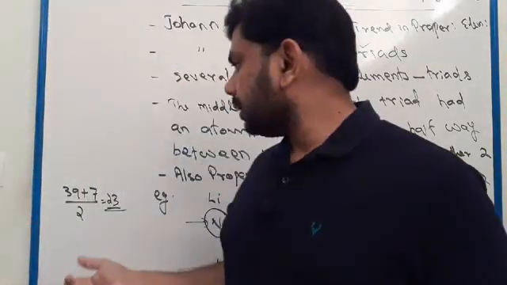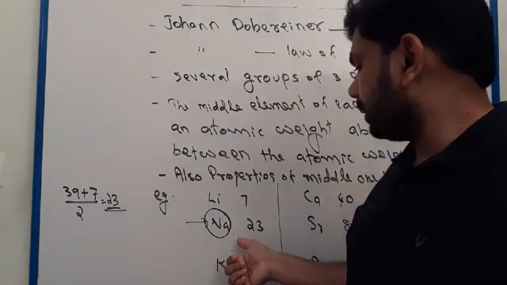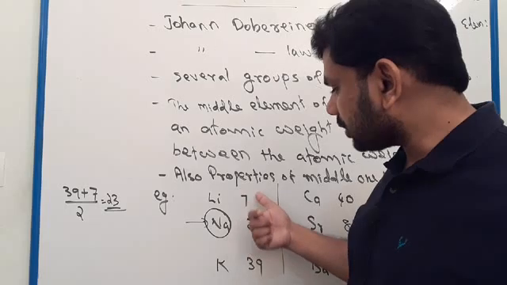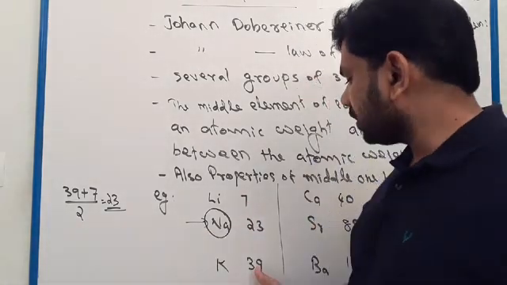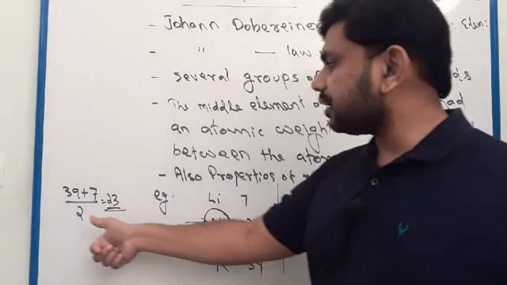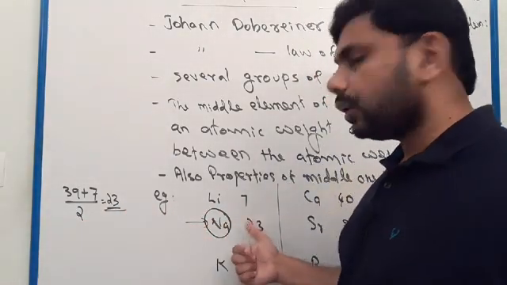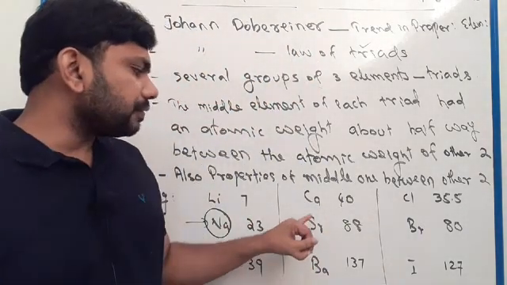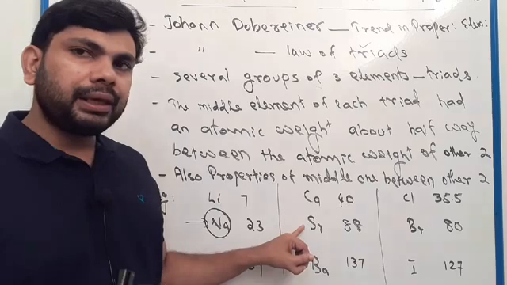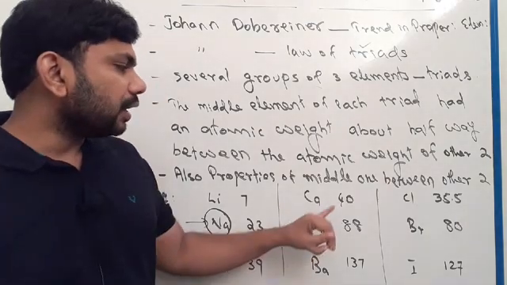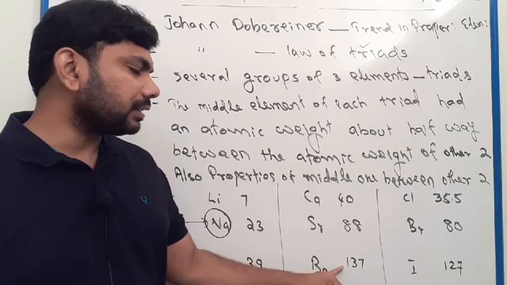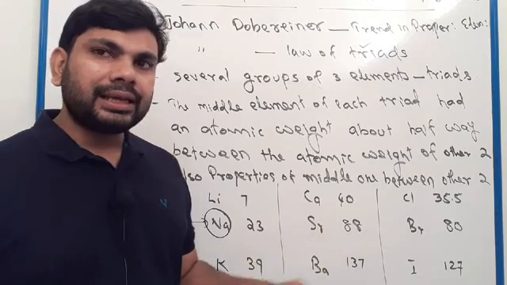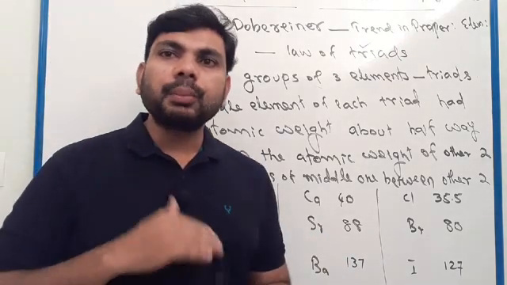Example, see here the atomic weight of sodium is 23. It will be the average atomic weight of the other two, meaning 39 plus 7 divided by 2, which is 23. Similarly, for strontium there is a relation like that: 40 plus 137 divided by 2 gives 88, exactly 88 or almost 88.